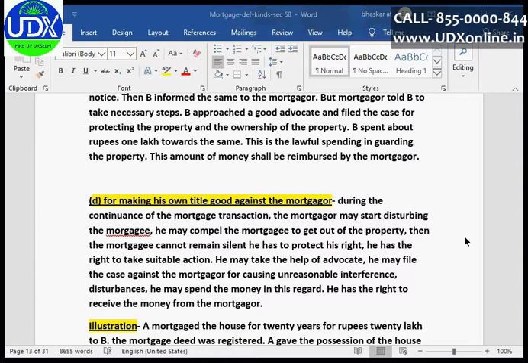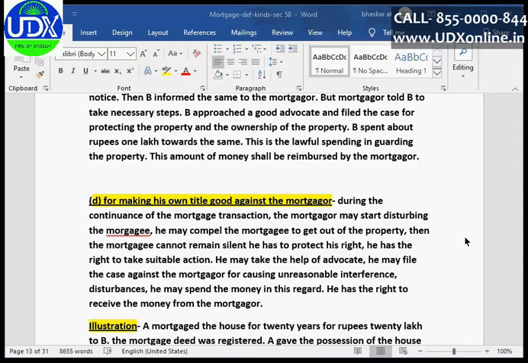Along with which subject did you study this law? Contract 1. Very good. So generally it is with Contract 1. In some universities, yes, maybe.